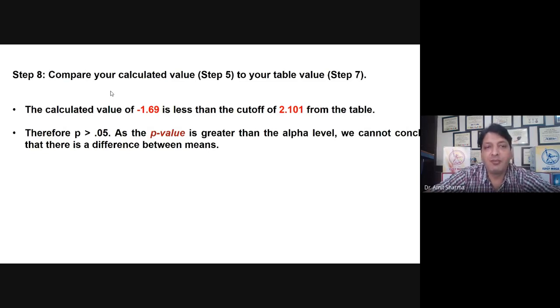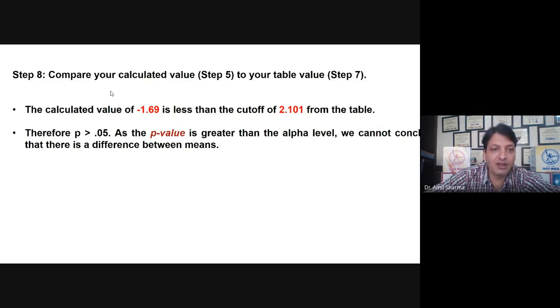So whenever you apply the independent t-test manually, you have to see that whatever the t value you are going to get, it should be less than the test value which you are going to take from the table. So here we got the value less than 2.10.